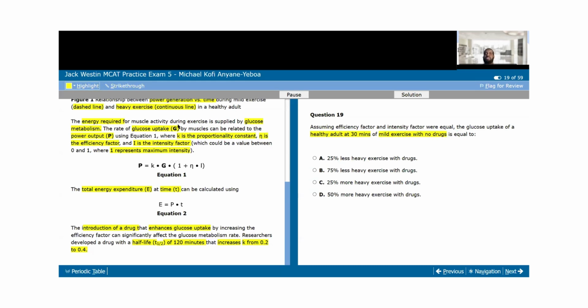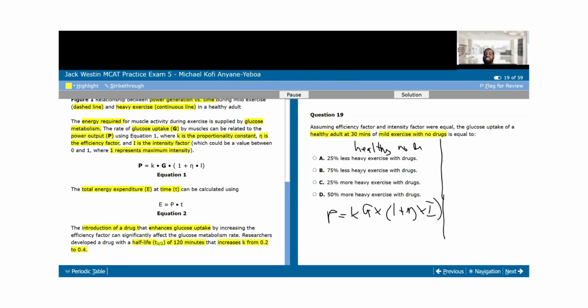What is the glucose uptake of a healthy individual at 30 minutes of mild exercise? So my P is going to be K, G is what we are looking for, multiplied by 1 plus constant intensity, right? So this is for my healthy individuals. So this is my healthy, no drug. Everything on the left.